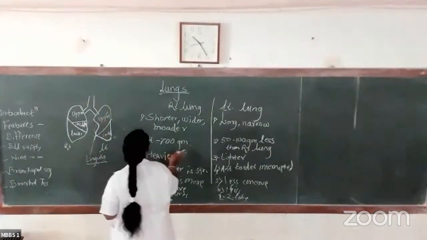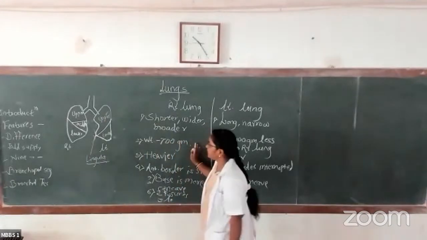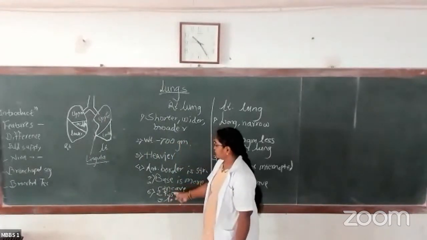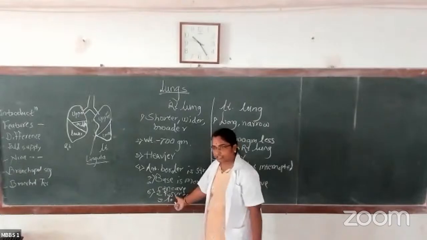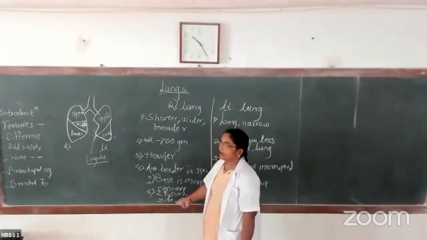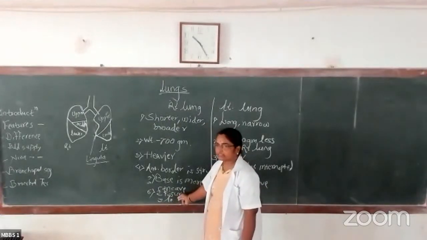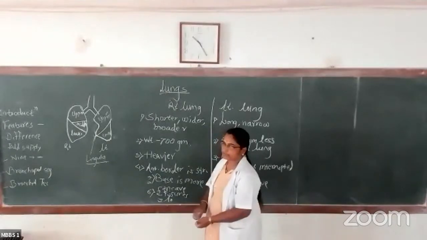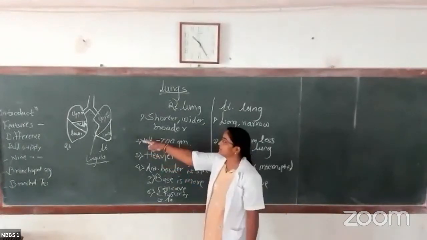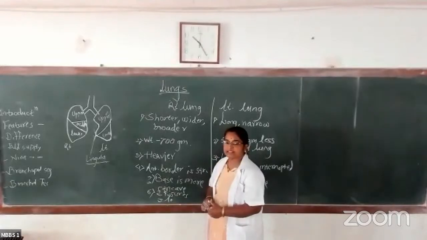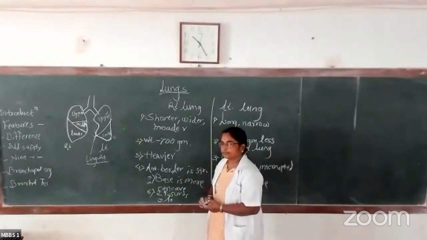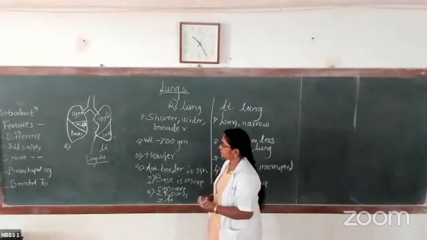So again the next difference you can write over here: two fissures, one fissure; three lobes, two lobes. Again lingula is absent and lingula is present. And in case of left lung, this lingula represents the middle lobe of the right lung.